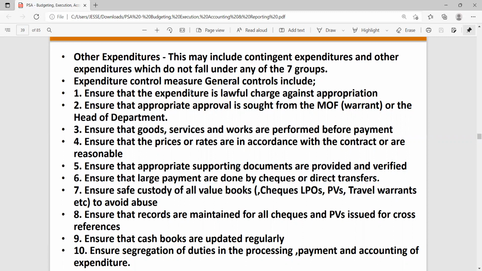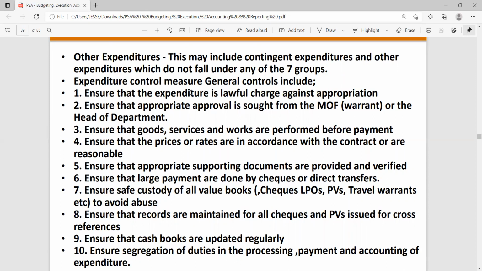Expenditure control measure general controls include, number 1, ensure that the expenditure is lawful, it's a lawful charge against appropriation. Yes, that's very, very important, right? We are talking about expenditure control measures, right?